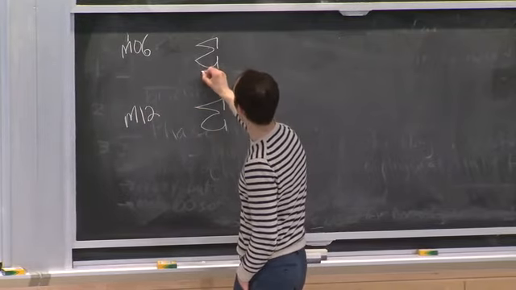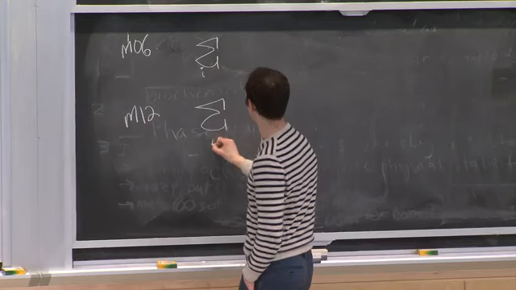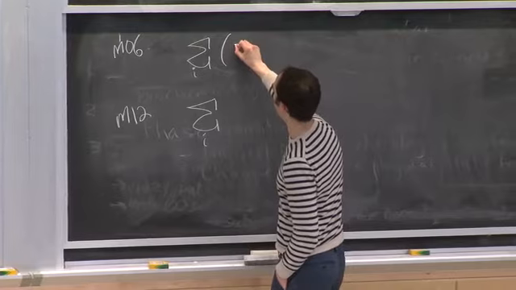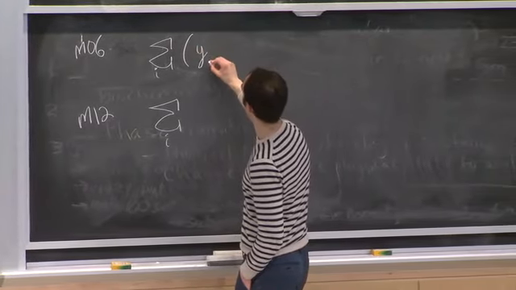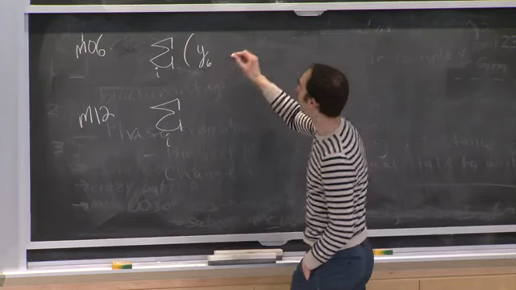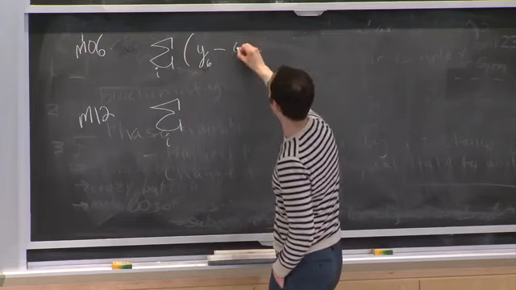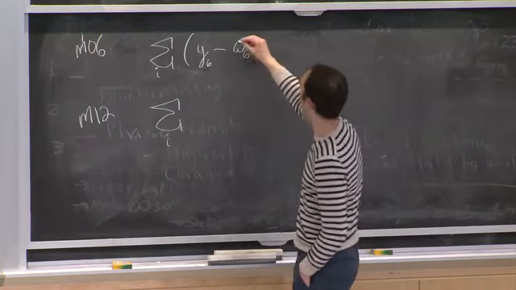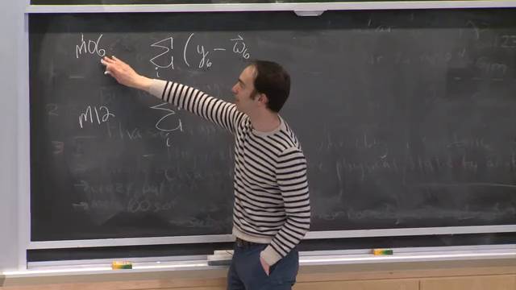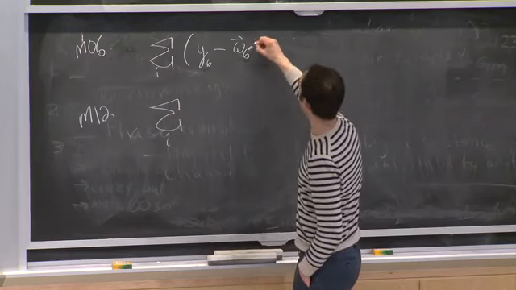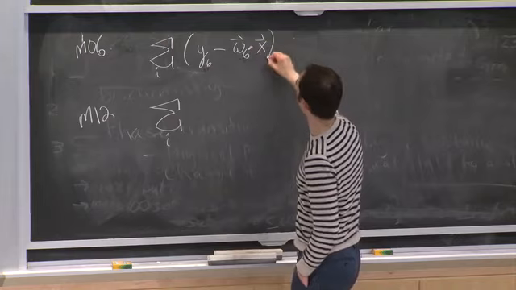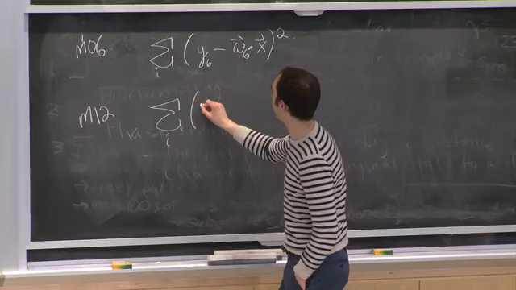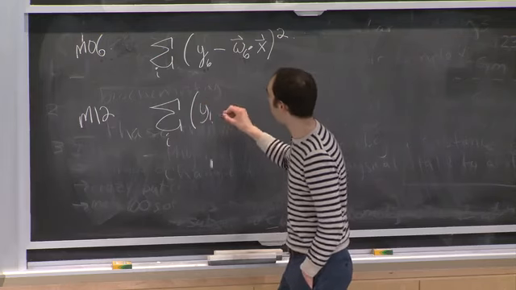You can start by summing over the patients, looking at your mean squared error at predicting what I'll say is the 6-month outcome label by some linear function, which I'm going to have as a subscript 6 to denote that this is a linear model for predicting the 6-month time point value, dot producted with your baseline features. And similarly, your loss function for predicting this one is going to be the same, but now you'll be predicting the Y12 label.